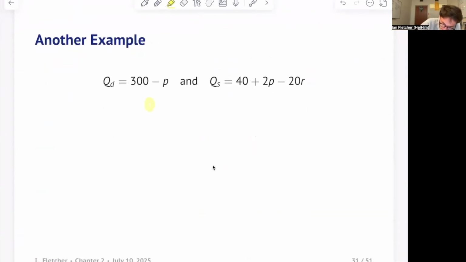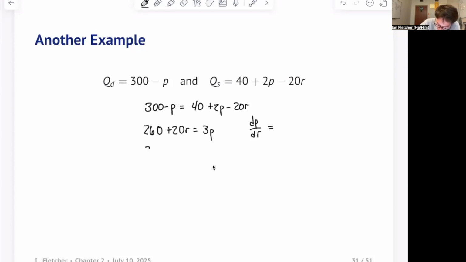So let's set these Q's equal to each other. And because I changed this to an R just in case people got confused with the Pc's, I'm going to move everything to this side this time. So we're going to get 260 plus 20R should equal 3P. So dP/dR, and then I guess we should divide again, should equal 20/3.